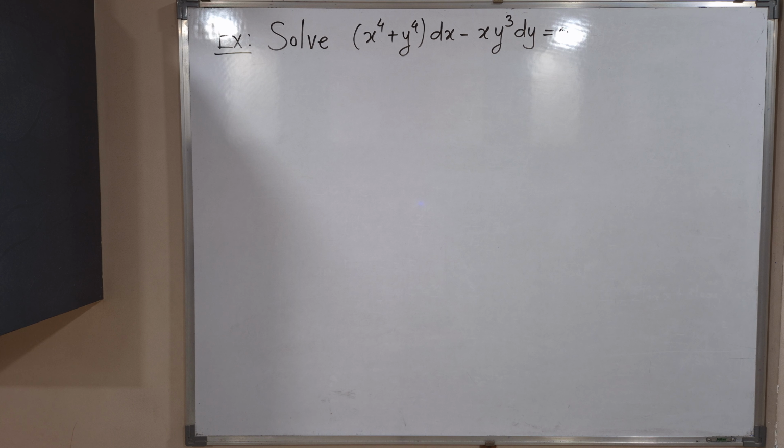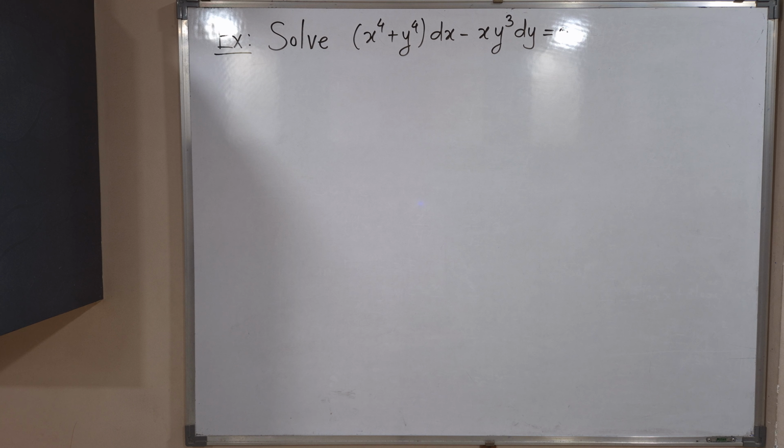The multiple of dx is M, the multiple of dy is N. It is exact if ∂M/∂y is equal to ∂N/∂x. It means the partial derivative of M with respect to y is the same as the partial derivative of N with respect to x. Then we say the given differential equation is exact. If it is exact, it is very easy to solve the problem.